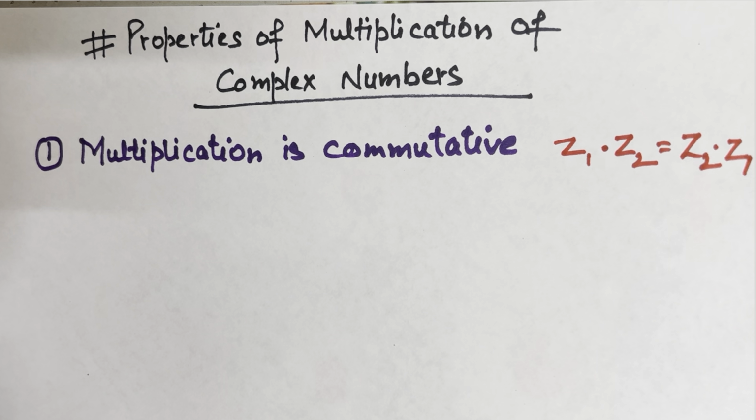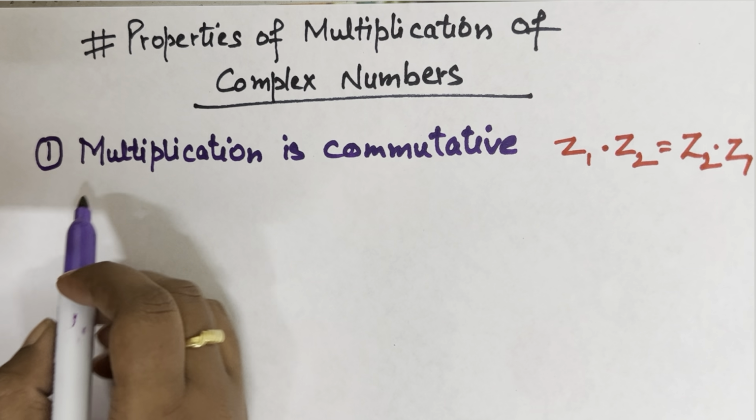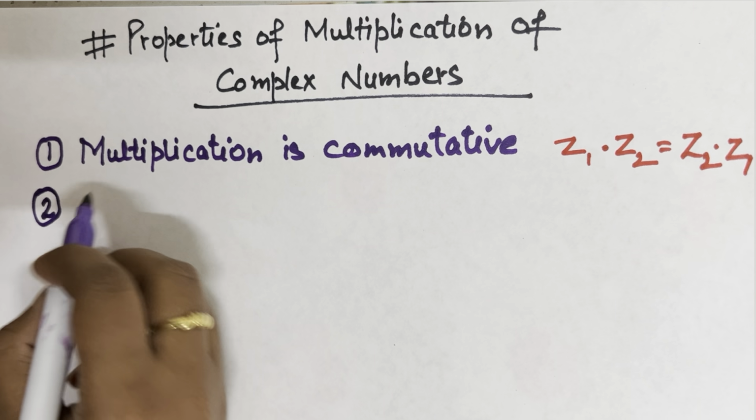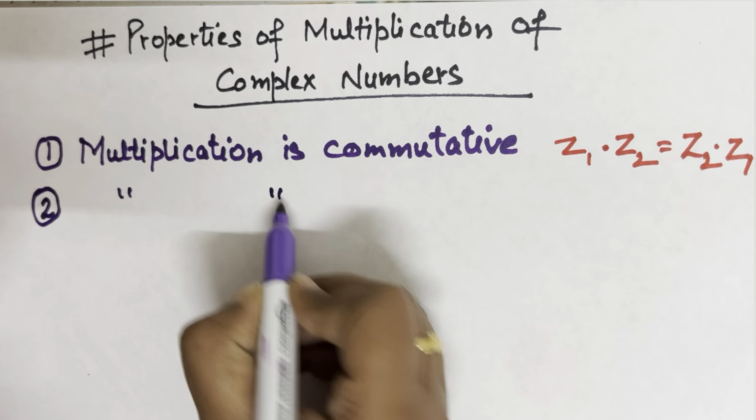This is the property of commutative multiplication. Now moving on to the second property, that is multiplication is associative.